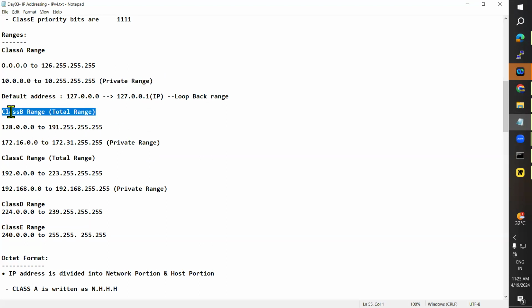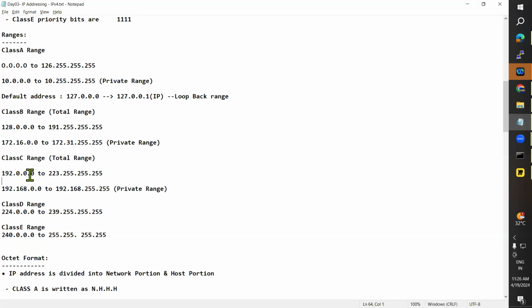And class B total range is 128 to 191, and the private range is 172 only. And class C range is 192 to 223, and the private range is 192. The first range is 192.